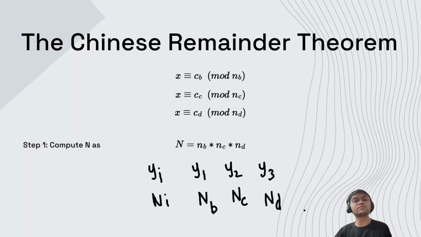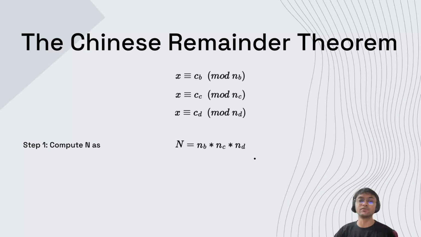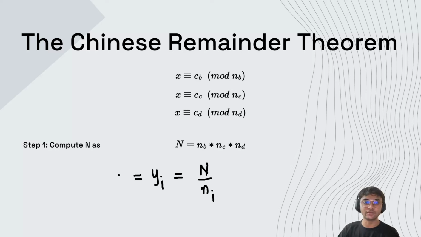So y1 can also be expressed as Nb, y2 can also be expressed as Nc, and y3 can also be expressed as Nd. At this point, it's important for us to recap how these values are computed. The y_i's are computed as N over n_i. Let's do that for each equation.